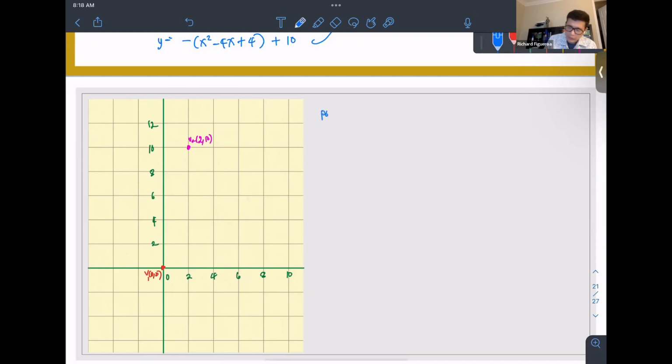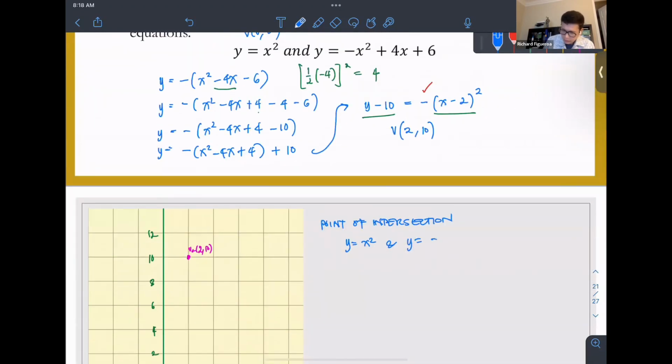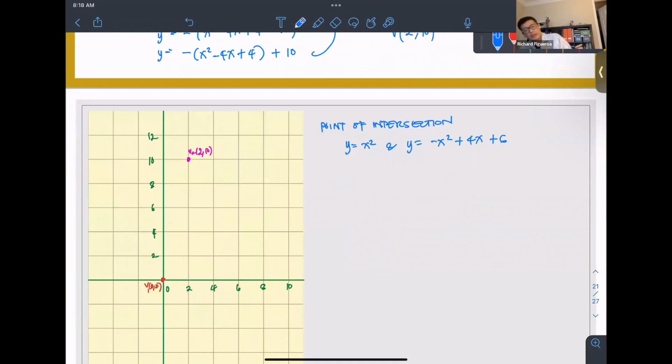So I'll start with the points of intersection. We have two graphs: y is equal to x squared, and the other one is y equal to negative x squared plus 4x plus 6.